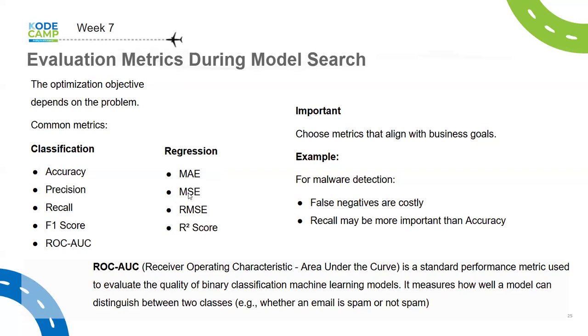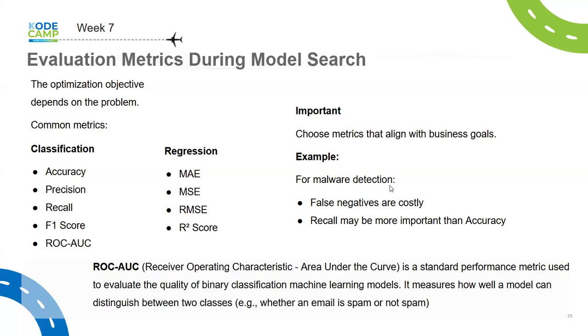Then mean square error, and then the root mean square error. We've already talked about all of this. I wonder why I'm mixing up the names. Then we have the R squared, which is the coefficient of fit, basically. The important thing is that the metrics you choose should be the ones that align with business goals. We talked about this when we were talking about evaluation.